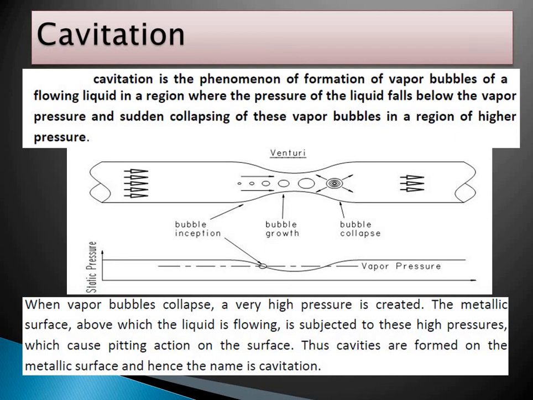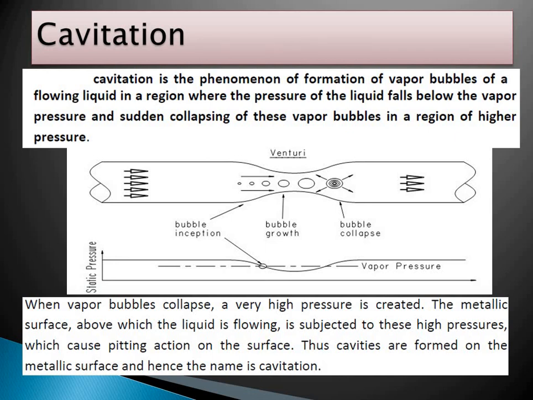Here, when water is flowing through the venturimeter, due to the sudden decrease in cross-sectional area, vapor bubbles are formed because here the pressure of the liquid falls below the vapor pressure, and pressure is converted into velocity. After that, with an increase in area, velocity drops and pressure increases.